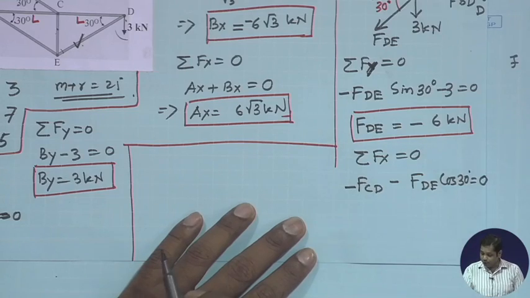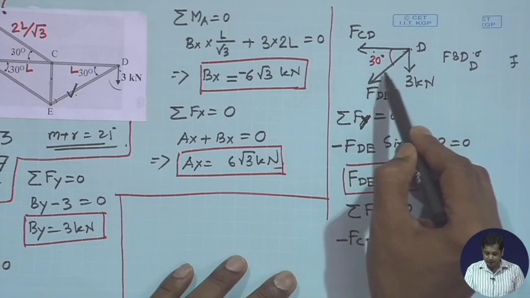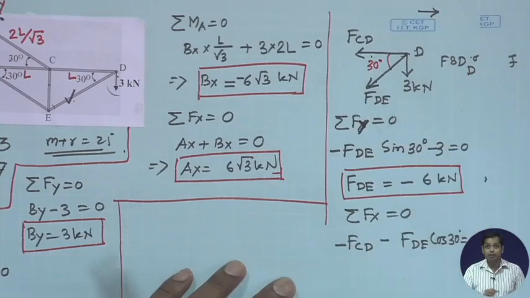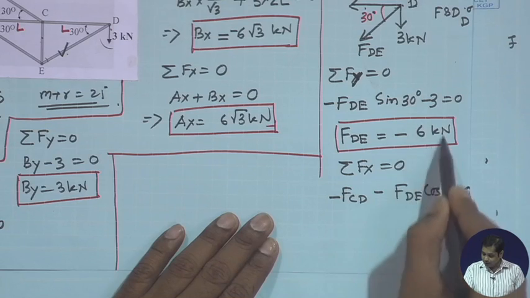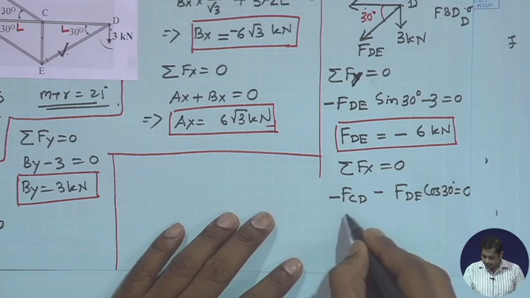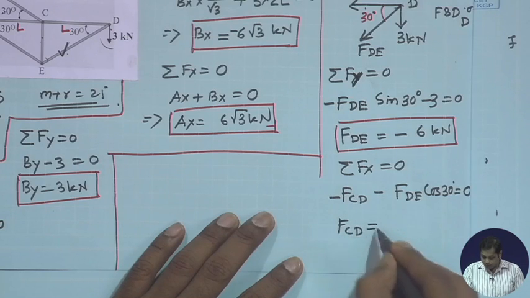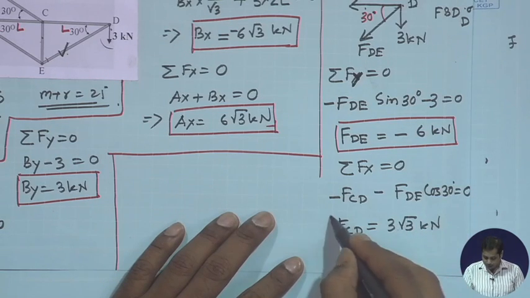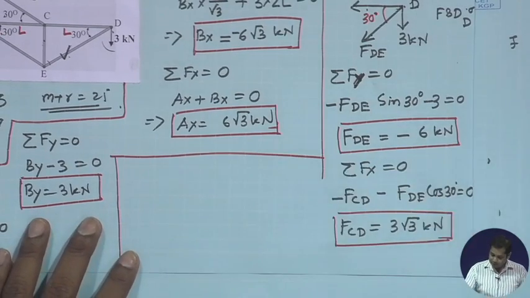Both are negative because as per our sign convention, both are in this direction and the component of this also in this direction. But our sign convention is this direction is positive. Okay. Now, if FD is already obtained 6 kilonewton, and from this equation we can get FCD is equal to 3 root 3 kilonewton. So, FCD is determined.